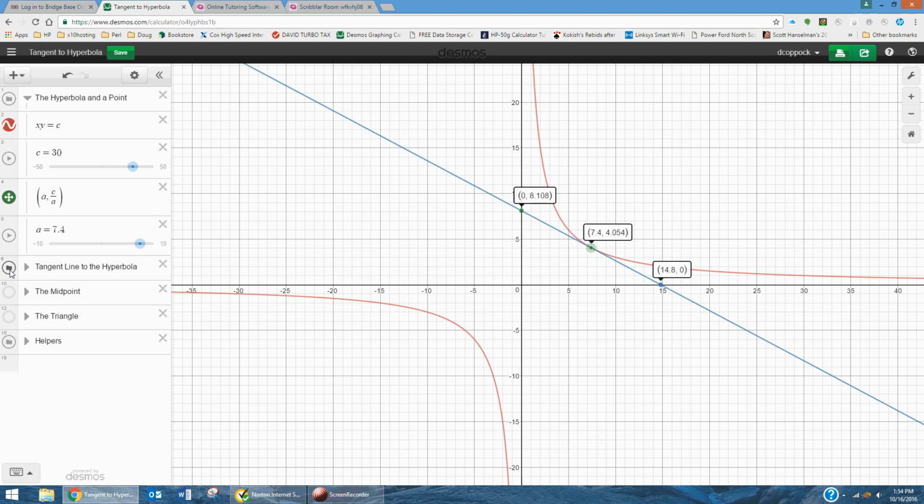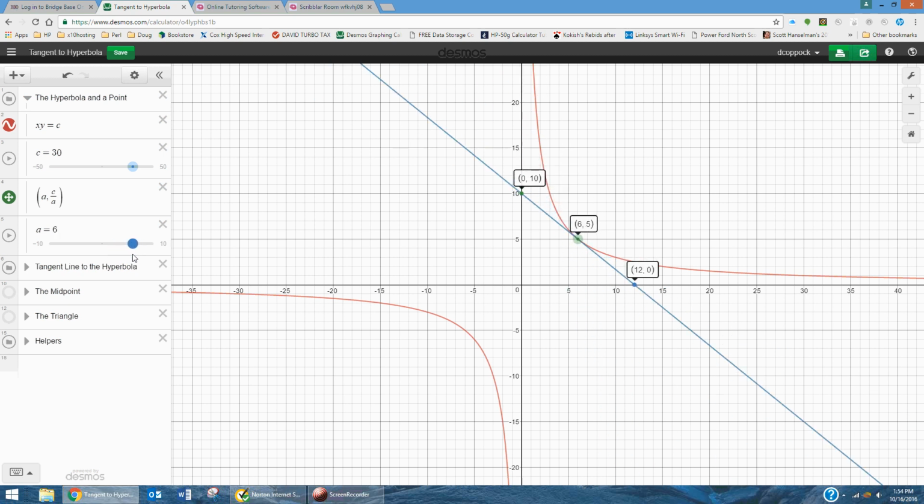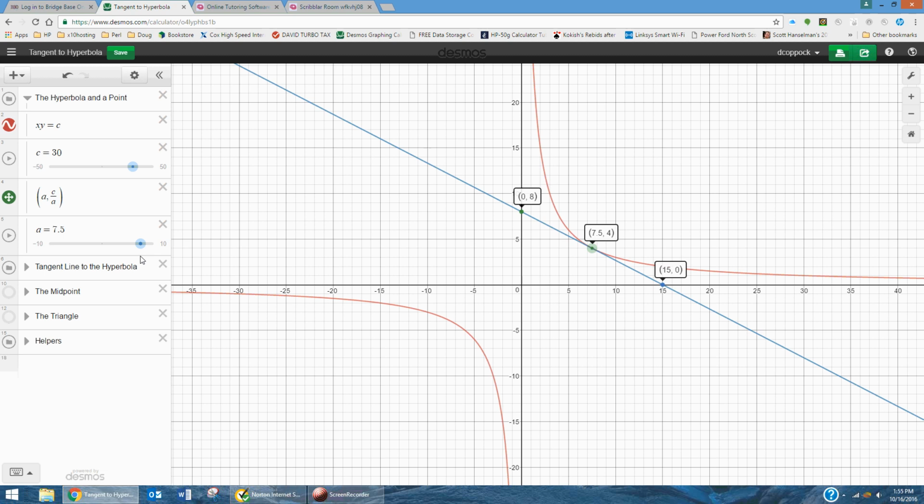There is the tangent line, and as a changes, the tangent line changes. And what we're supposed to be doing in part 1 is showing that this point of tangency is also the midpoint of the segment created by the points where the tangent line hits the coordinate axes.